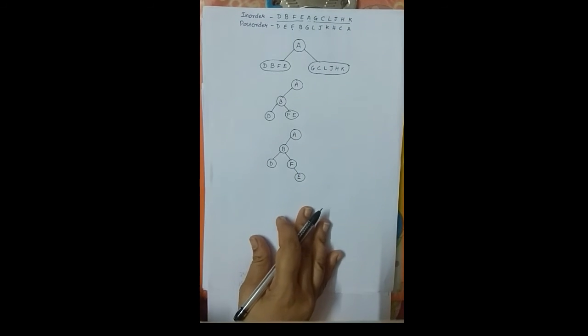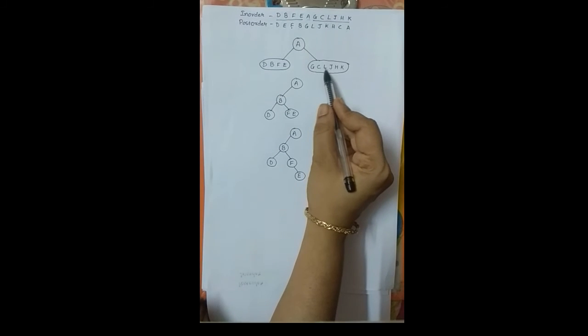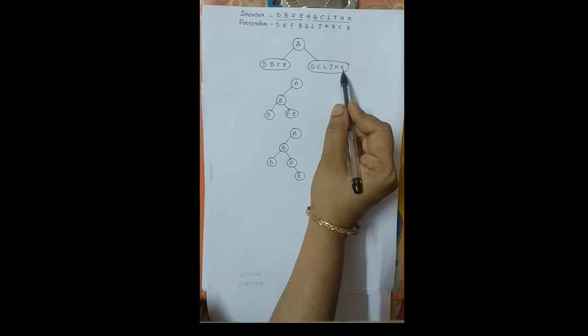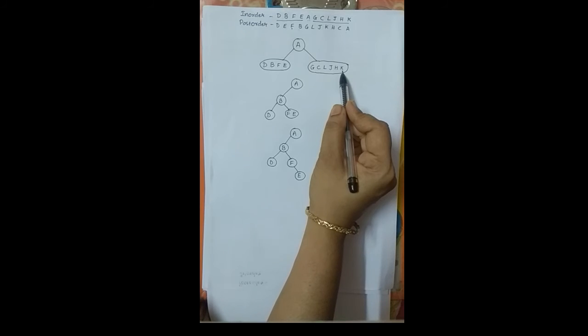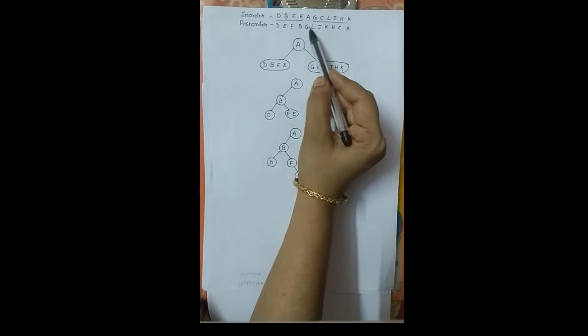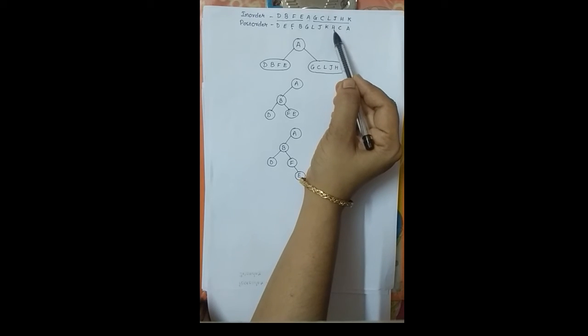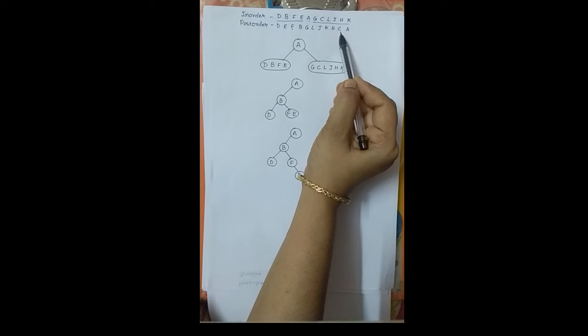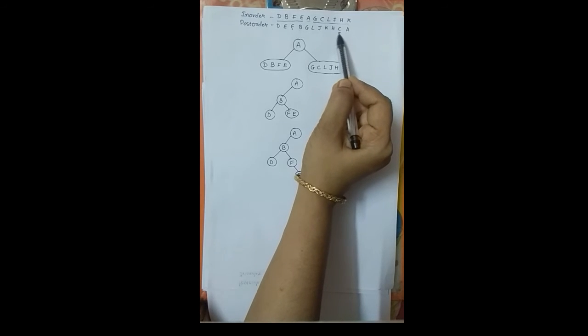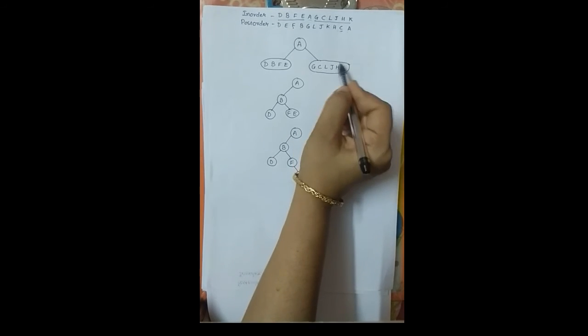Let us go for locating the sequence G, C, L, J, H and K in the post order in order to find the root. So we can see over here G, L, J, K, H and C, out of which C appears at an end, indicating that C is going to be a root of this subtree.